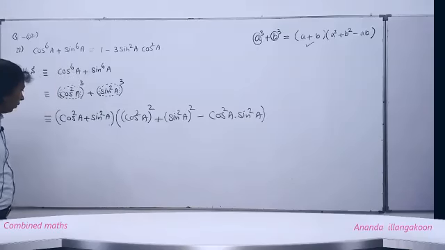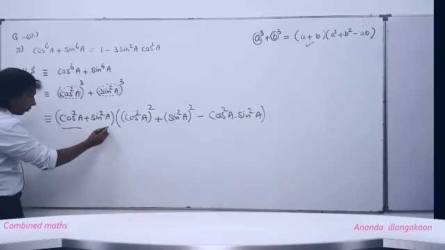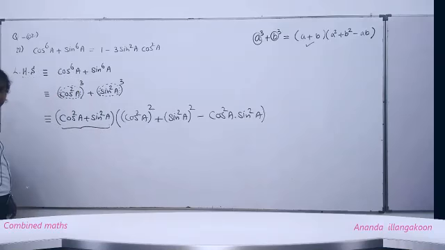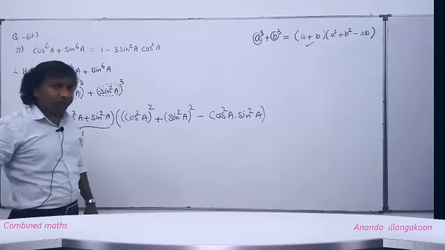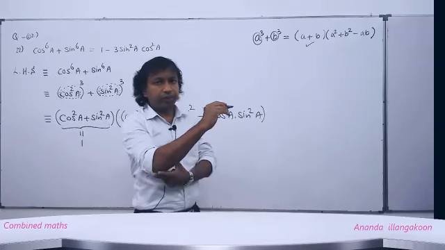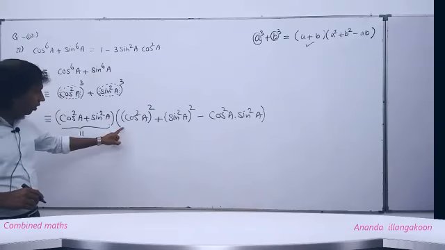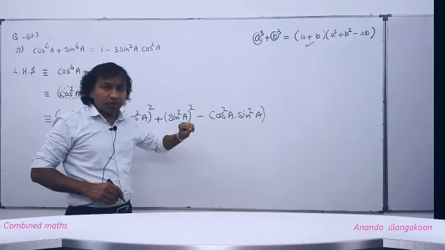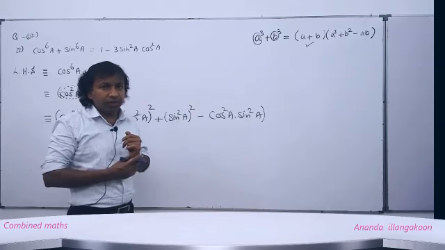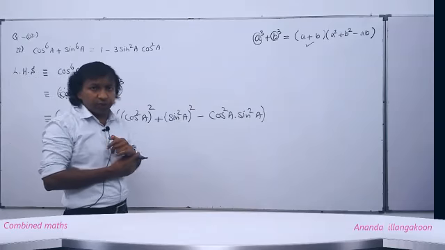Okay. Now, you know what this answer is? Cos squared A plus sin squared A. You know this is 1. Right? Cos squared theta plus sin squared theta is 1. Now, when you multiply something by 1, the value doesn't change.